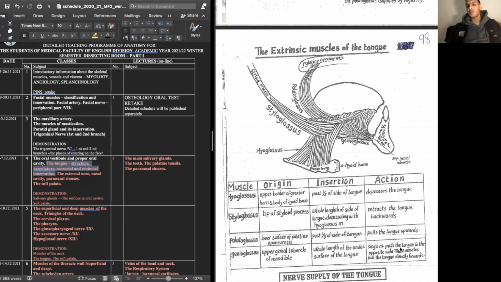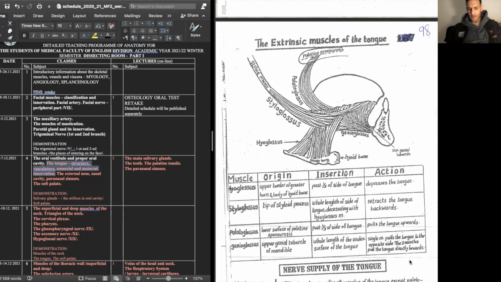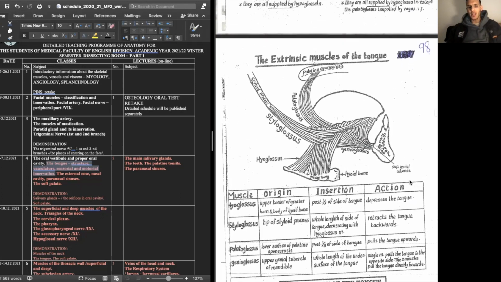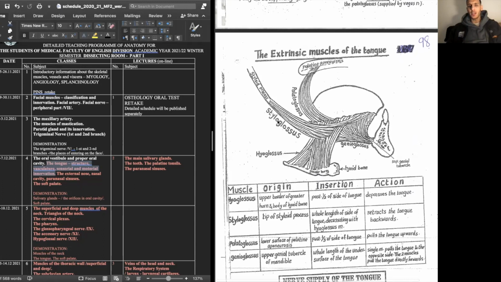And so this muscle would pull the tongue to the opposite side. The two muscles pull the tongue directly forward. So it will pull it forward, so that it will protrude the tongue. Okay. All right. So that's basically it for the muscles.